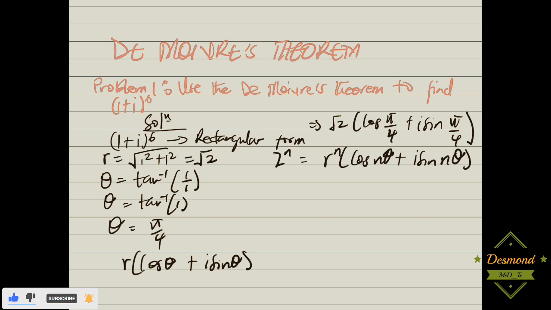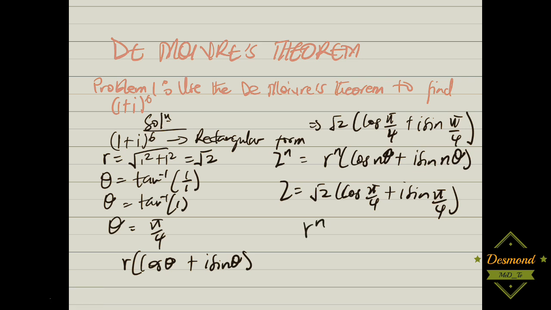So here we have z equal to root 2 (cos pi on 4 + i sin pi on 4). Very simple.